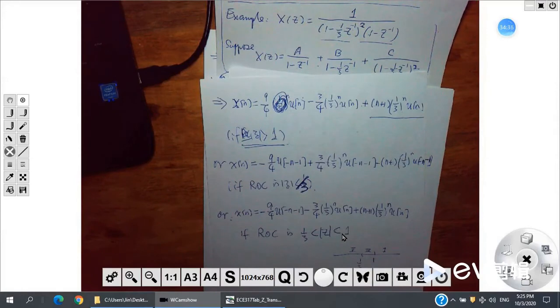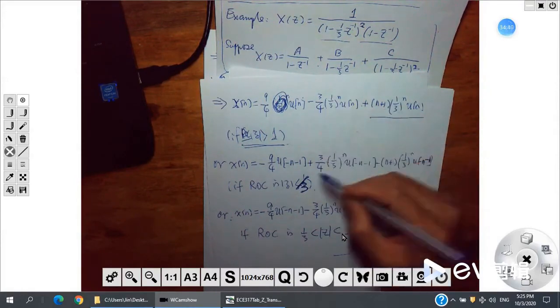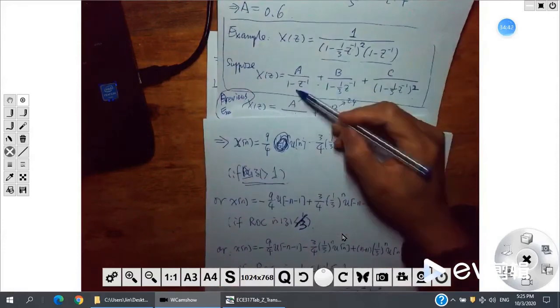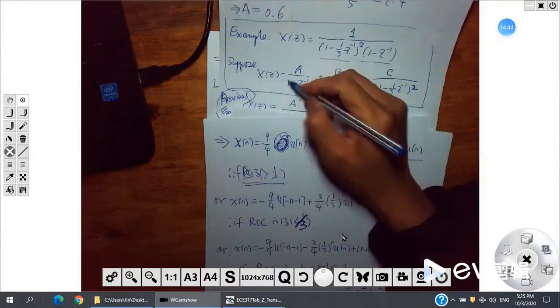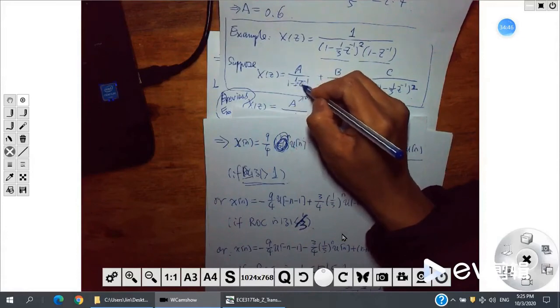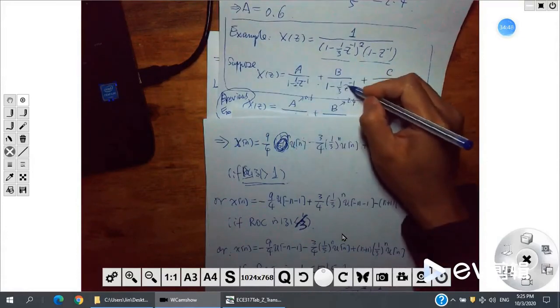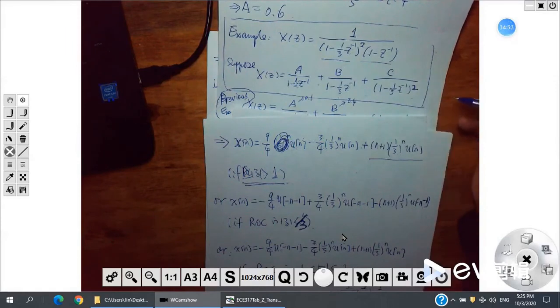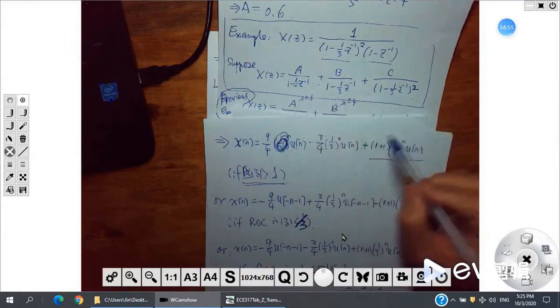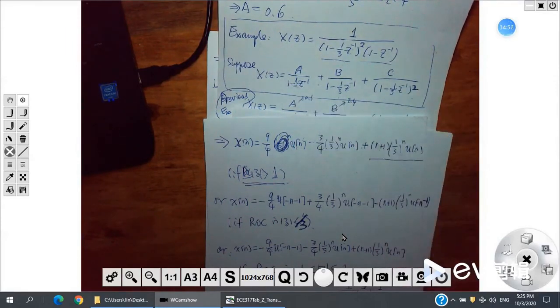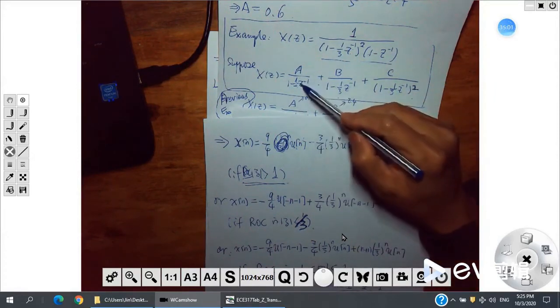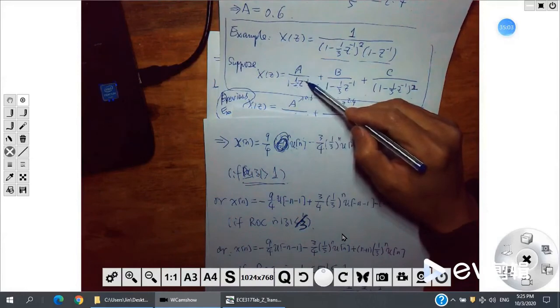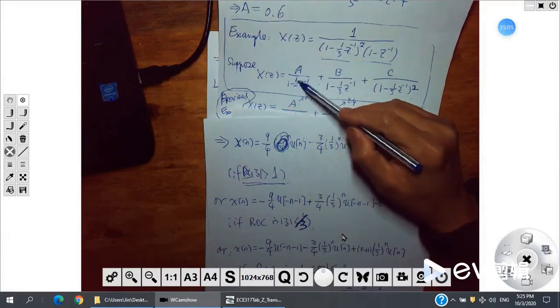And here we have something I need to mention. Here the coefficient is 1, right? 1 times z to the negative 1. Here is 1/3 times z to the negative 1. Now here is also 1/3 times z to the negative 1. These three numbers, we call them the poles of x of z. Because if you plug in z to the negative 1 equal to 1, you get 0 in the denominator.